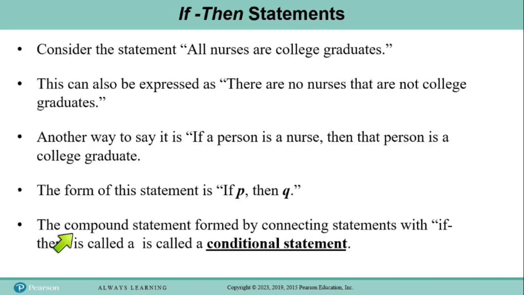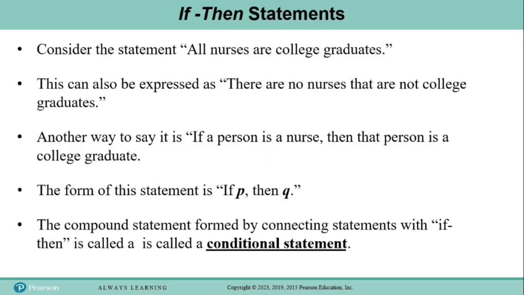And a compound statement that's formed by connecting simple statements with if-then is called a conditional statement. And that makes sense because the word if gives us a condition, right? So, like, look at this example. If a person is a nurse, then that person is a college graduate. We can know that the second statement is true if the condition of the first statement is met.